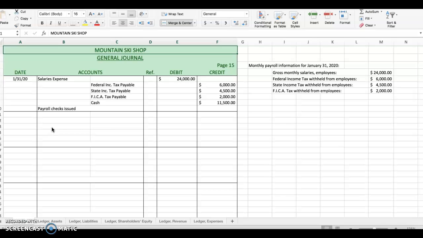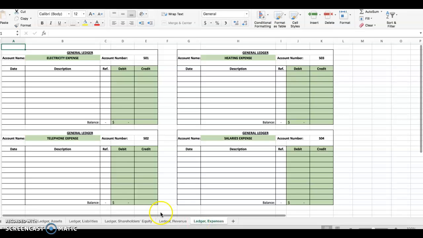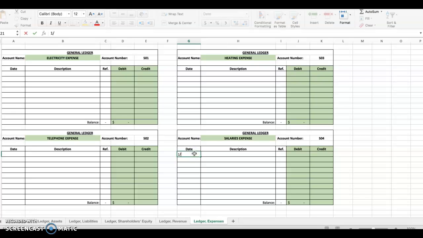The second part of this process is posting, and we've done a lot of that, and as you've discovered, hopefully, it's a pretty simple process. We simply look at what is done in the journal and transfer it to the ledger. So the first part of the entry is a debit to salaries expense, and if we go to our ledger down at the bottom, looking at the tabs, we find salary expense.